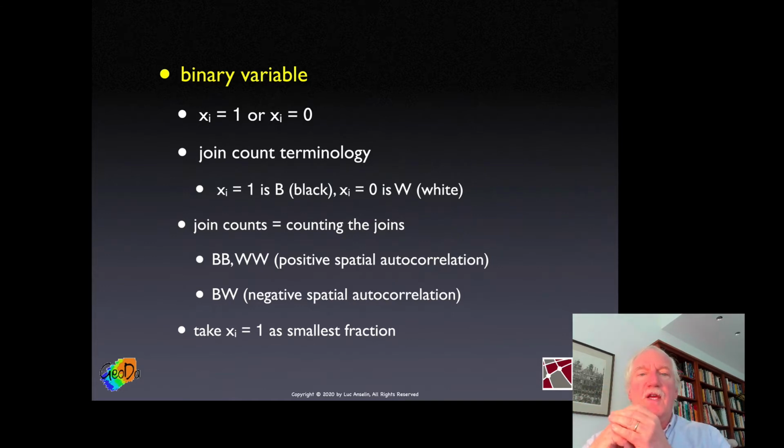Obviously, the set of joins, BB, WW, WB, or BW, exhausts all the possible connections, and since everything is done twice, it is typically divided by 2. So for inference, and this is what GeoDa implements, it's always easier to take the one case as the smallest case.